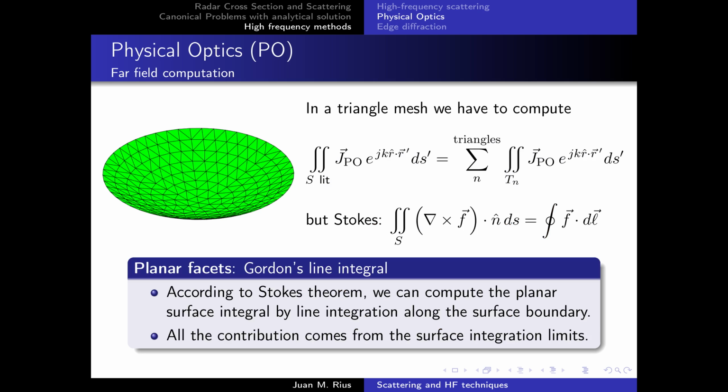In practice, for a real object of arbitrary geometry, if we have to write a computer code to compute the physical optics approximation, what we do is mesh the object. We mesh the object using a triangular mesh, or it can be a planar facet mesh.